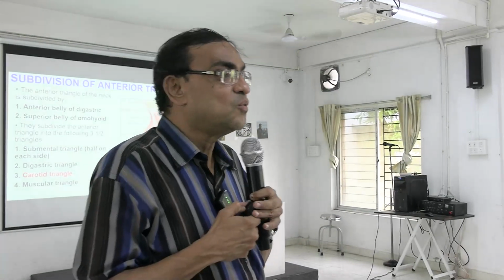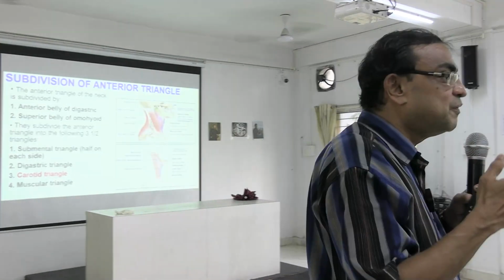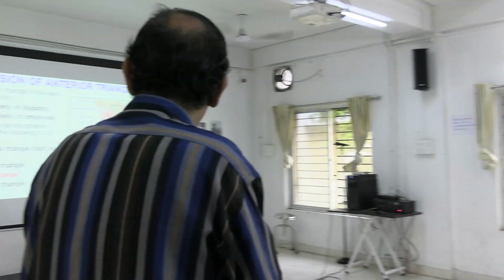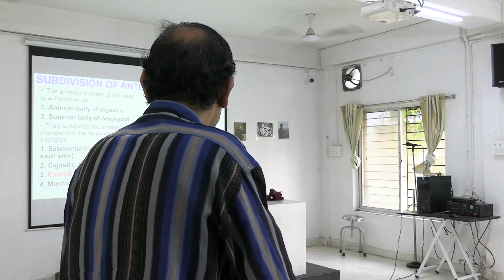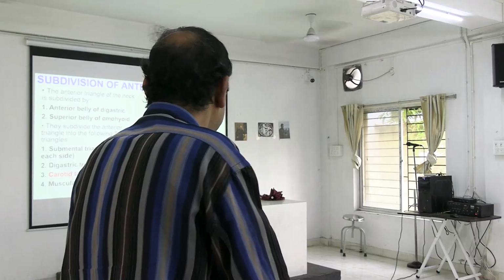We can see there is the investing layer of the deep cervical fascia. And here we know the deep fascia covers the muscles, vessels, nerves. Okay, so the muscle we will see, definitely this is the sternocleidomastoid.